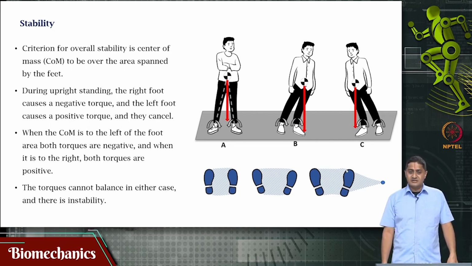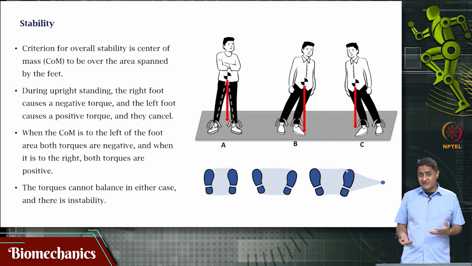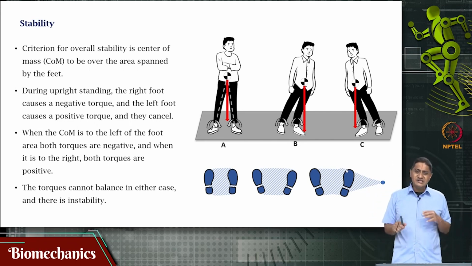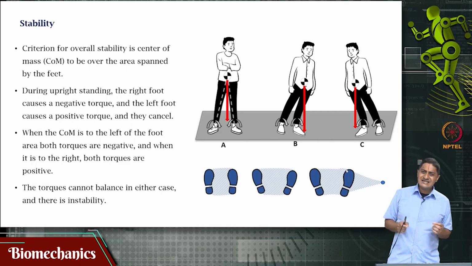That is another thing. Whenever you say that these two torques are cancelling each other, so there is a complete balance, that is not exactly true, because if that happened, then there would be no sway. So, instant to instant, a small amount of sway or slight imbalance is there, but that is immediately corrected.